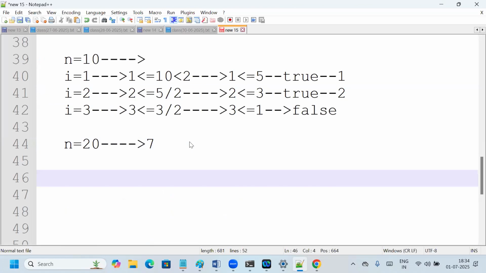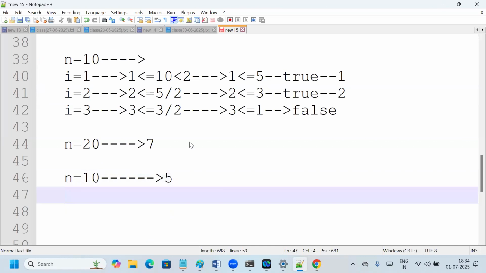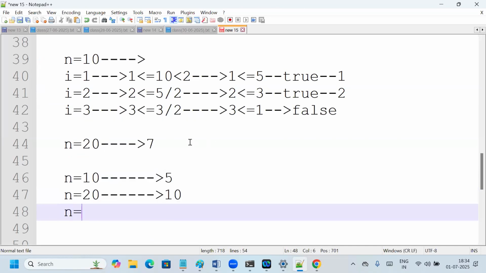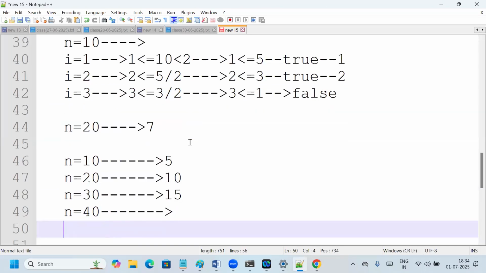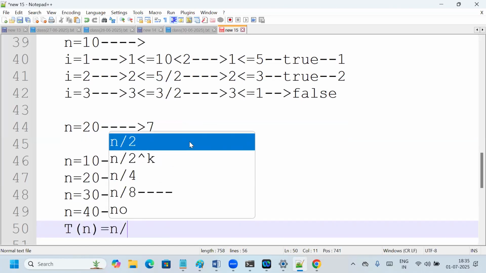If n value is 10, it executes up to 5 times. If n is 20, the loop goes up to 10 times. N value 30, it goes up to 15. N value 40, it goes up to 20. So this is the equation in n by 2, guys.